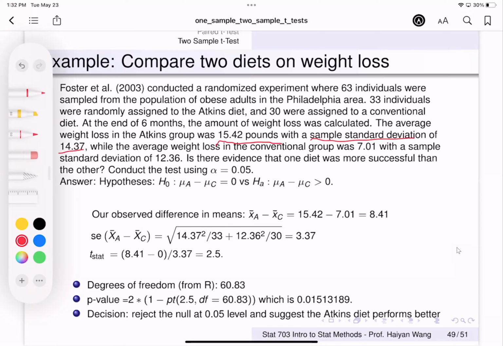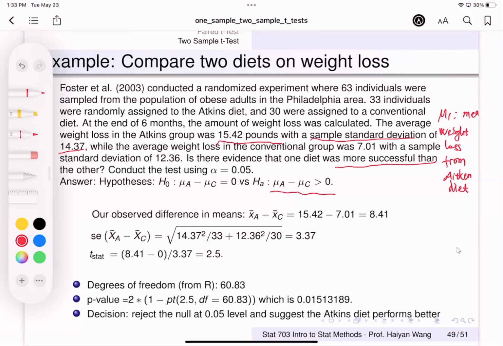For this case, more successful than the other, we are trying to test whether the mean difference is greater than zero, depending on which one you use. If mu1 is the mean weight loss for the first group, the weight loss from the Atkins diet, and mu2 is the other one, then more effective refers to mu1 minus mu2 greater than 0.